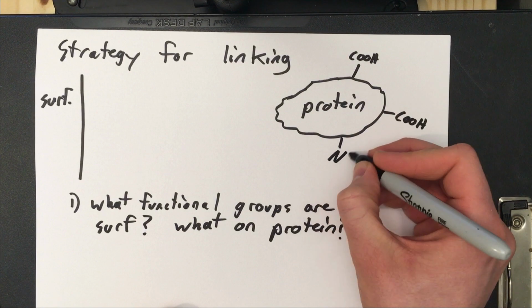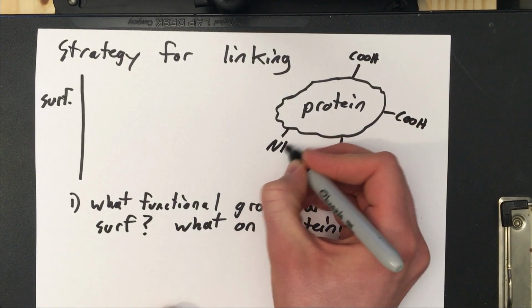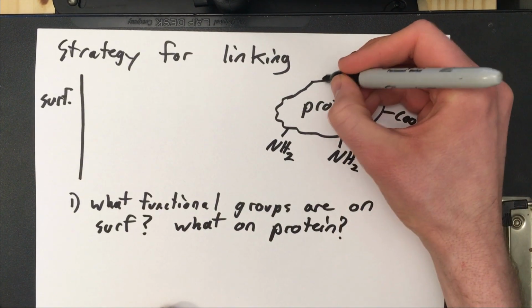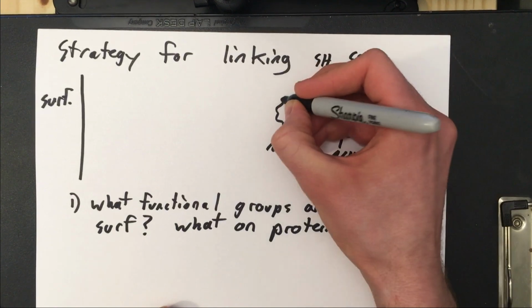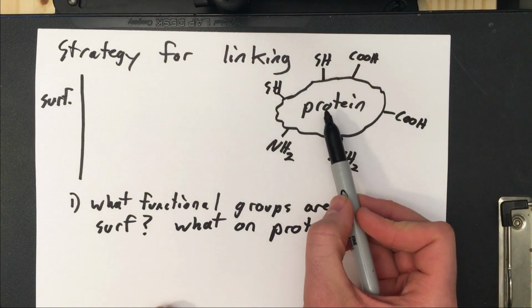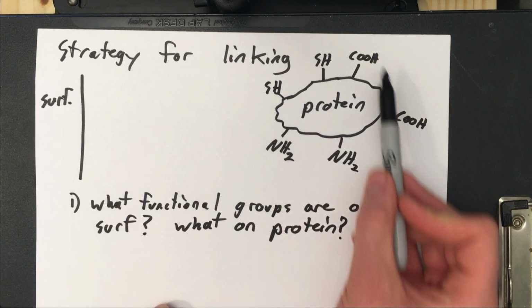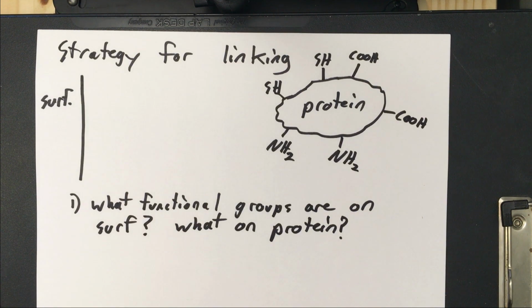They might have some amine groups. They also might have some thiol groups or sulfhydryl groups, some SH. So proteins oftentimes have one or more of these functional groups sticking out of the surface, right?